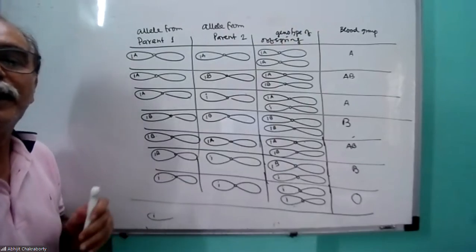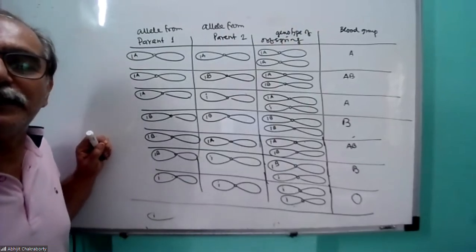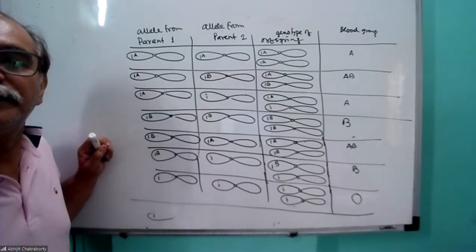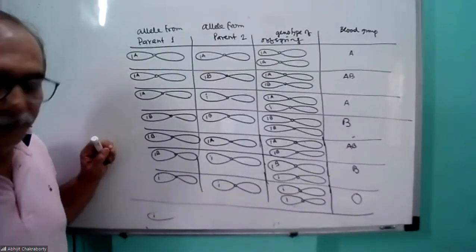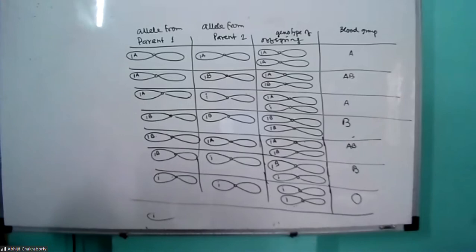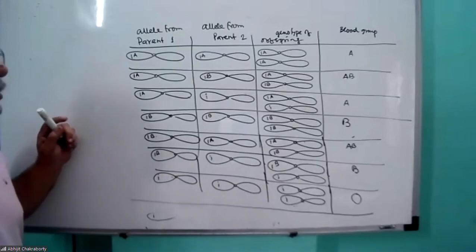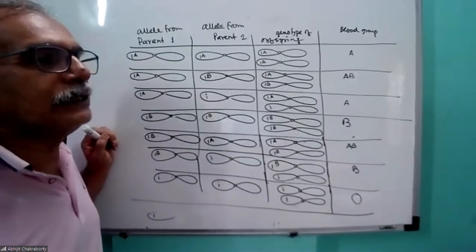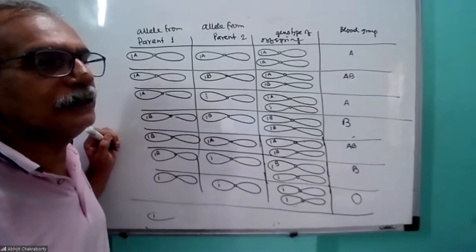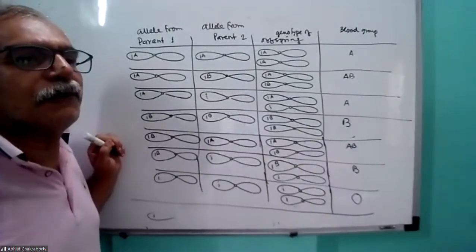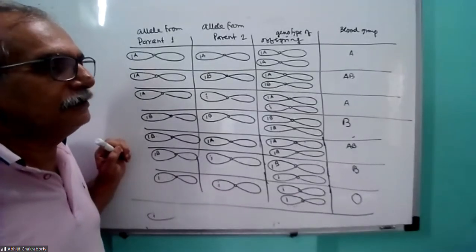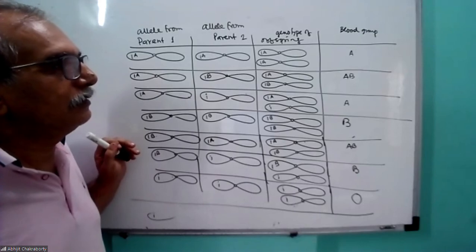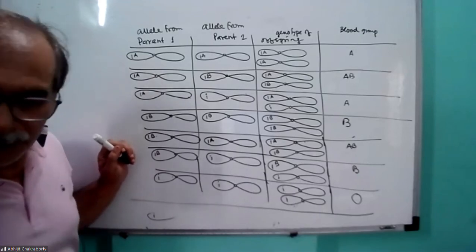Clear. And it's very important for the board and also for the entrance. So the number of combinations here should be 6 different combinations because the number of alleles is 3. When the number of alleles is 2, then there are 4 different combinations. When the number of alleles is 3, there should be 6 different combinations. Is it clear to everybody?